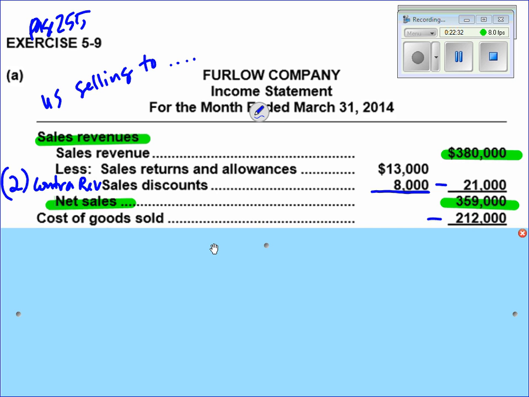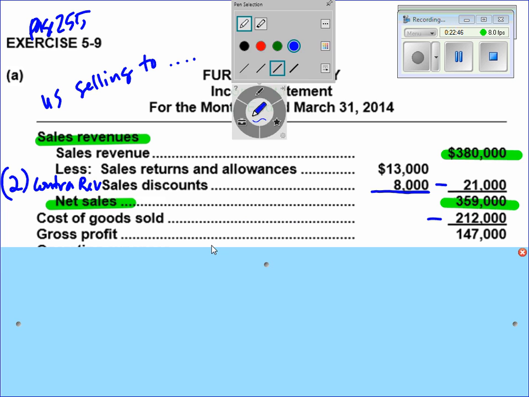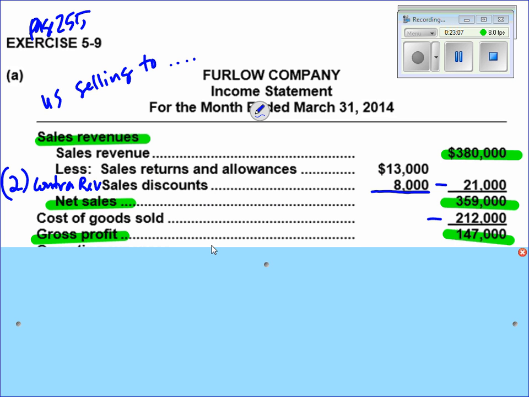Gross profit. Another item you'd want to highlight. So net sales are the two contra revenues. Gross profit subtracts off COGS. You gotta just memorize that.